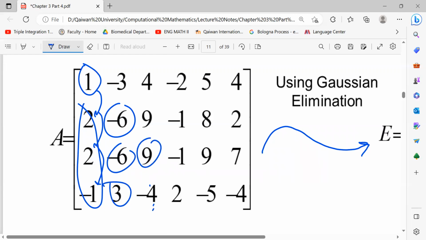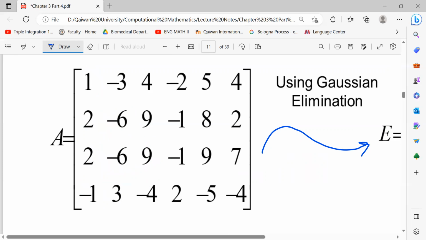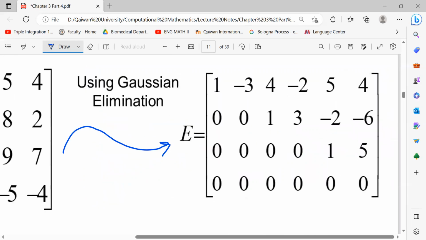Then here, we try to change this to 0, and so on. Okay? Good. After converting the matrix to reduced row echelon form, we get this matrix. So you should know how to reduce a matrix to reduced row echelon form.